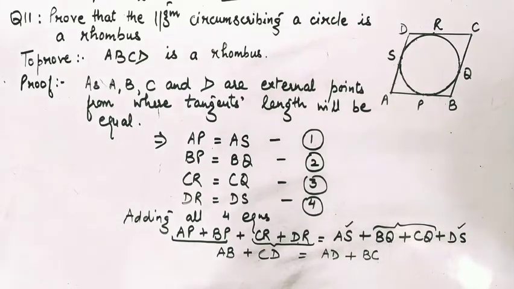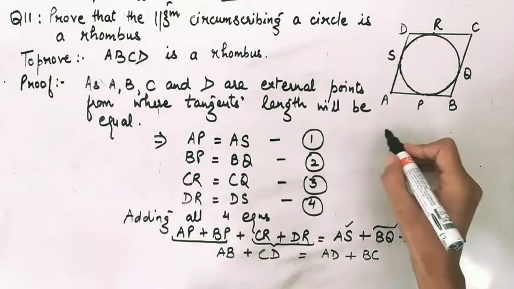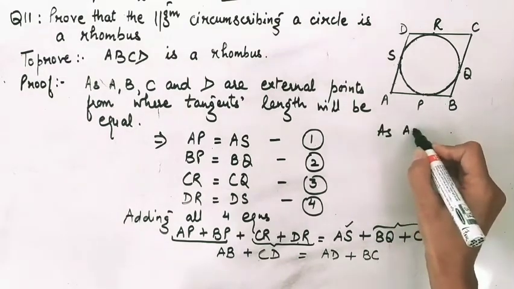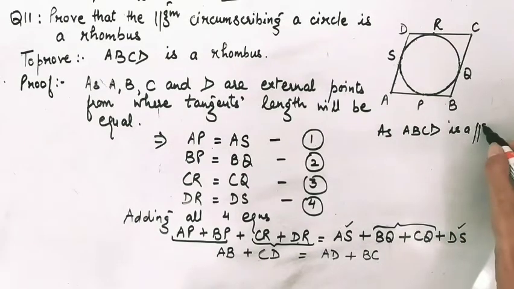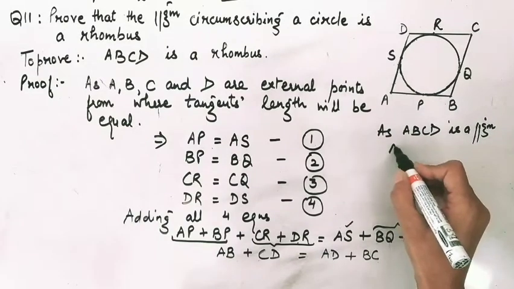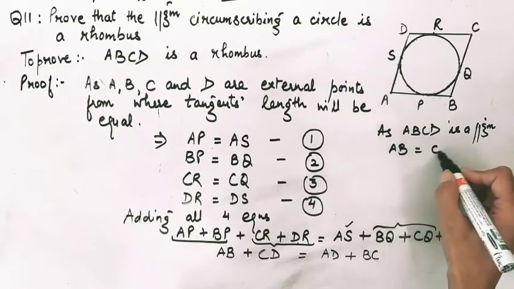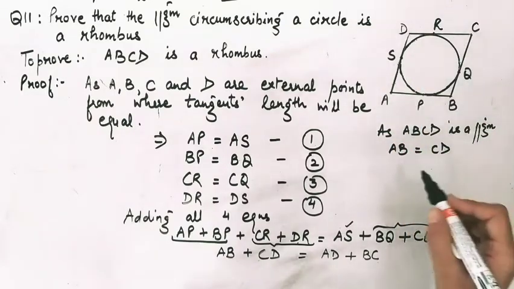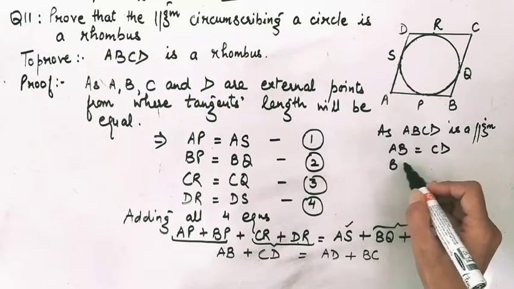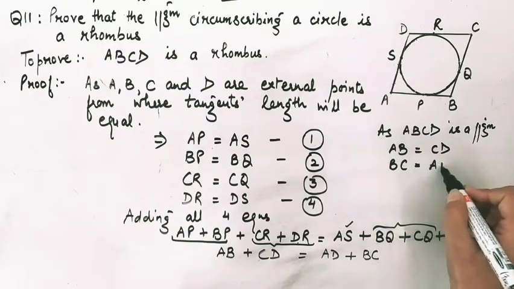Now, we already know, as ABCD is a parallelogram, what do we know about the sides? Opposite sides are equal. AB and CD, their length is equal, and so is the case with BC and AD.